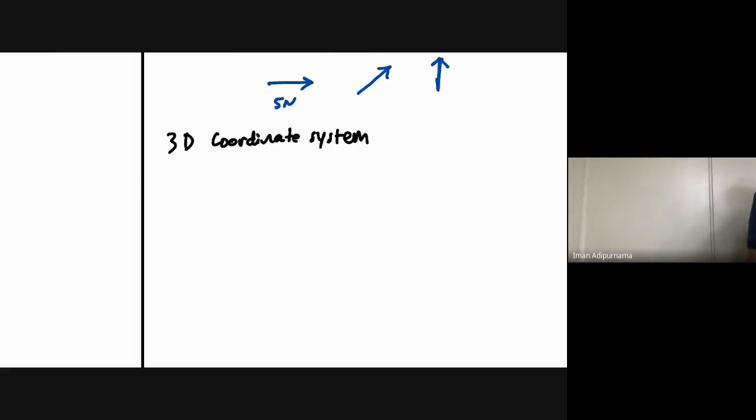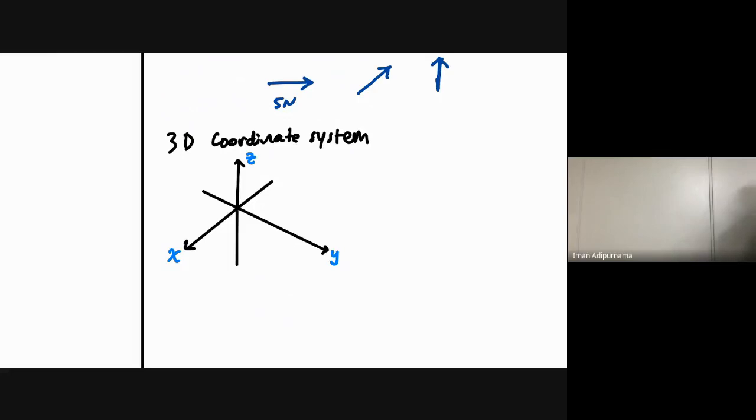Okay, so first we'll start by telling you the default coordinate system in 3 dimensions. So we'll start by saying this is x, this is y, this is z.